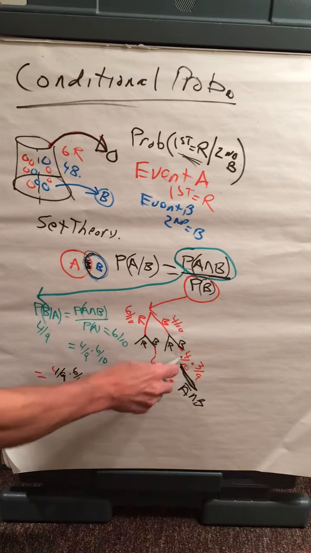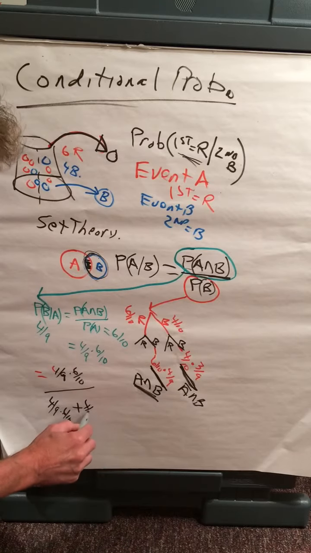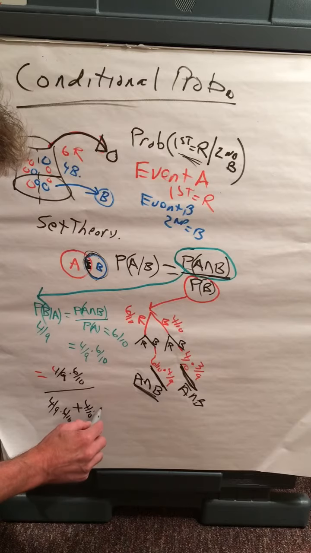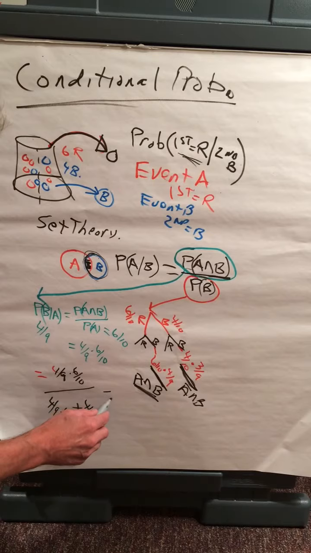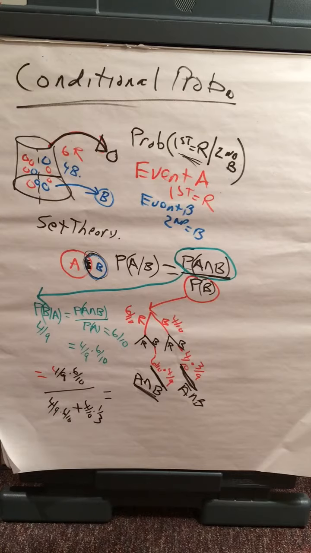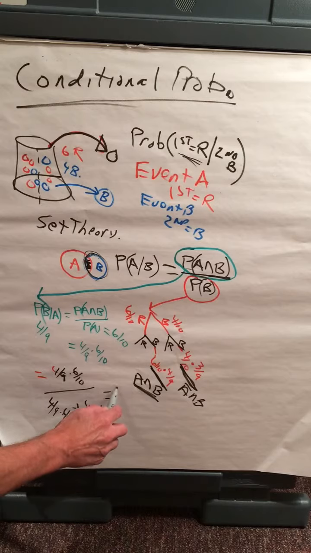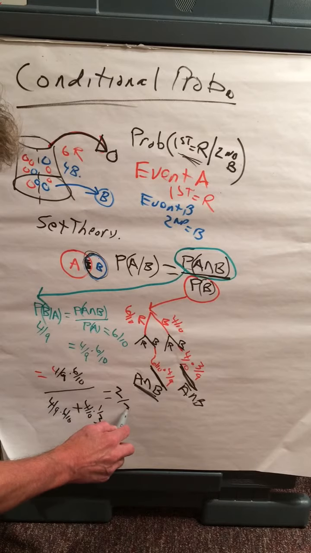So now this number here is 4 over 10 times 1/3. Now if I simplify my fractions, just to save a little time, this comes out to be 2/3 if you do the math.